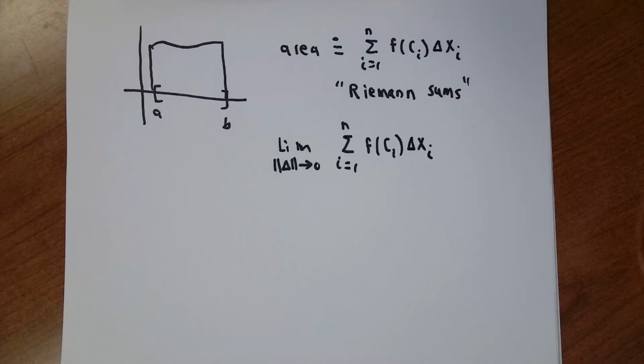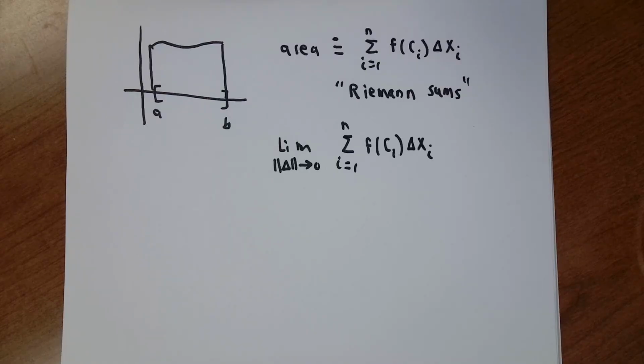I want to reiterate there are some strings attached here. I'm assuming the function is continuous and positive. If either one of those things is not true, you have to be a lot more careful about it. At the moment, though, I'm going to assume that this limit exists.